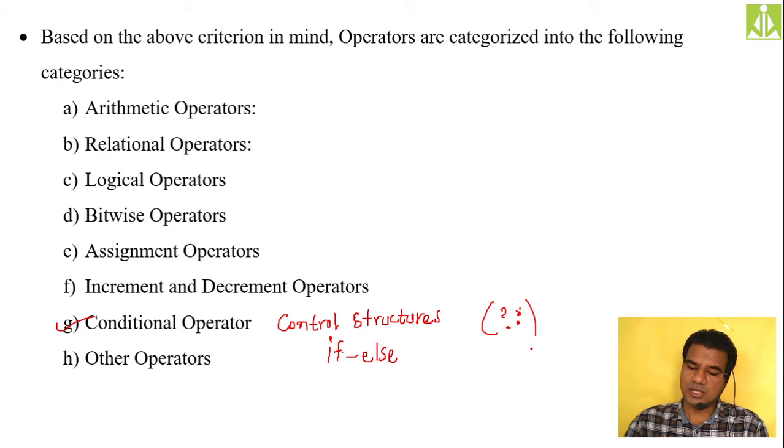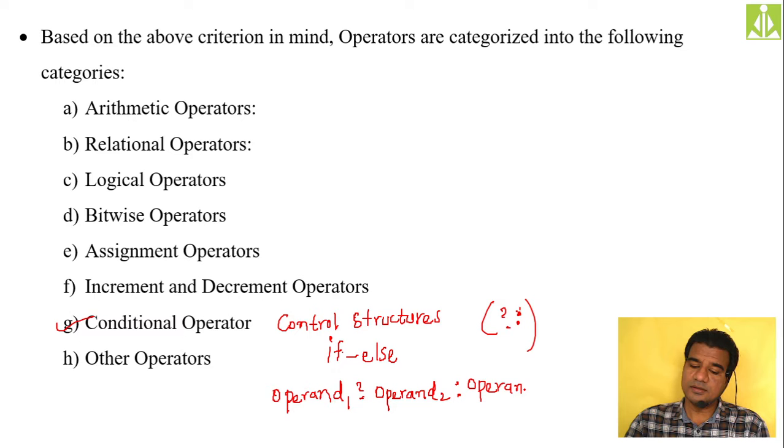The first operand we have to put before this question mark. So operand 1, or the condition, then question mark, then operand 2, because it takes three operands, right? Operand 2, then colon, then operand 3.